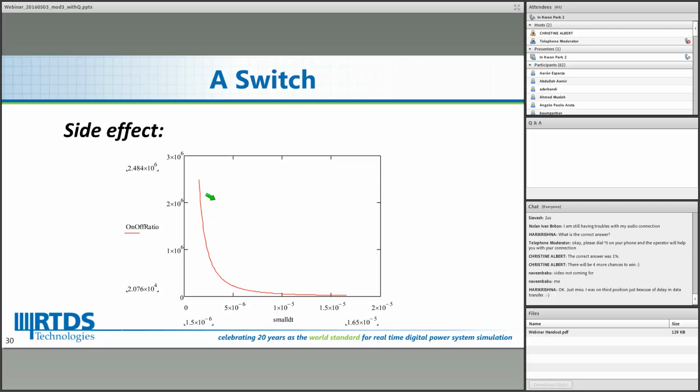As you can see from this graph, that 1 million boundary is around here, and around here is the time step boundary. So we need to ensure that the size of the time step for our simulation is less than this criterion. This point is around 2.5 microseconds. So we need to make sure that our simulation runs at a time step smaller than 2.5 or 3 microseconds at most.